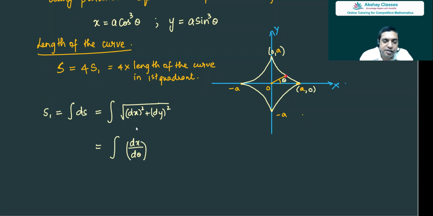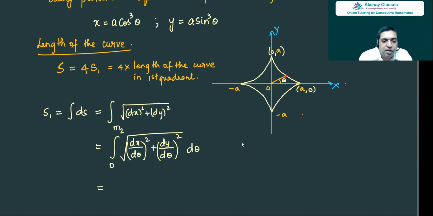We can write it as t also, doesn't matter. Parameter is theta. d theta, 0 to pi by 2. Theta varies from 0 to pi by 2 as we have observed.